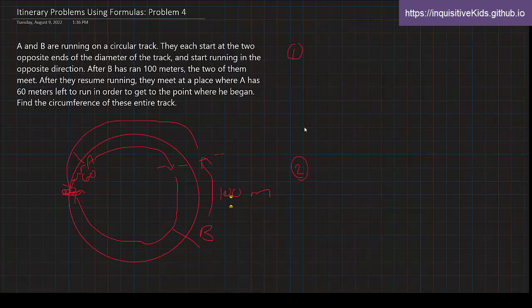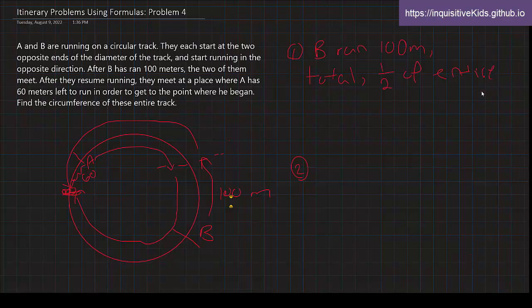So by the first meeting, we don't know exactly how much A ran, but we do know that B ran 100 meters. And we know that in total, we don't have an exact number, but the total was 1/2 of the entire track.